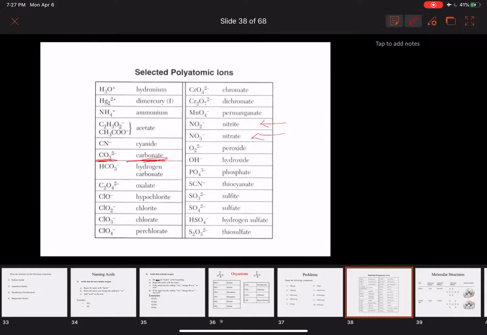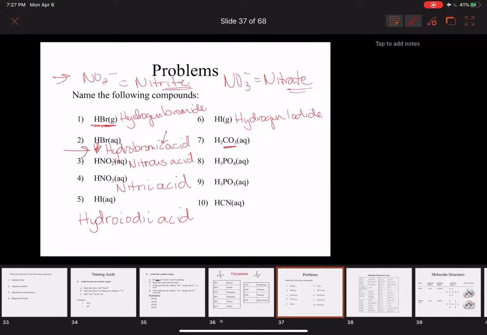That is carbonate. So again, no hydro on the front, and it has an ate ending. So instead of carbonate, we chop the ate off and we put on ic acid. So we have carbonic acid right here.